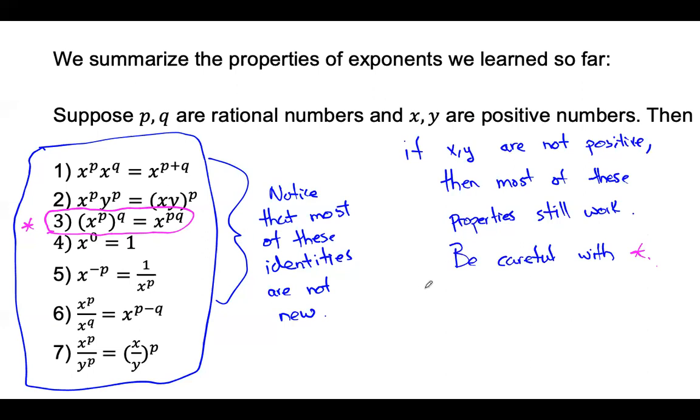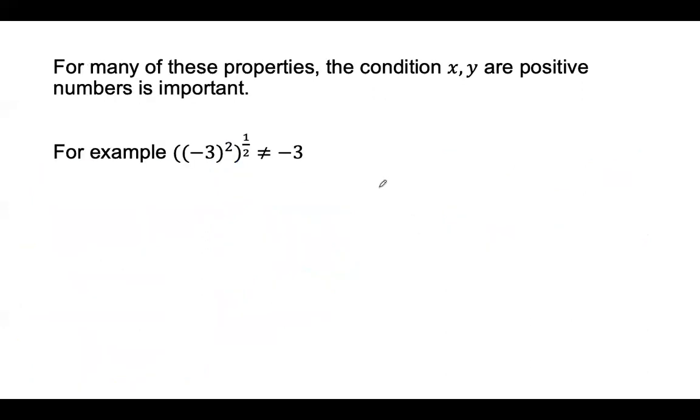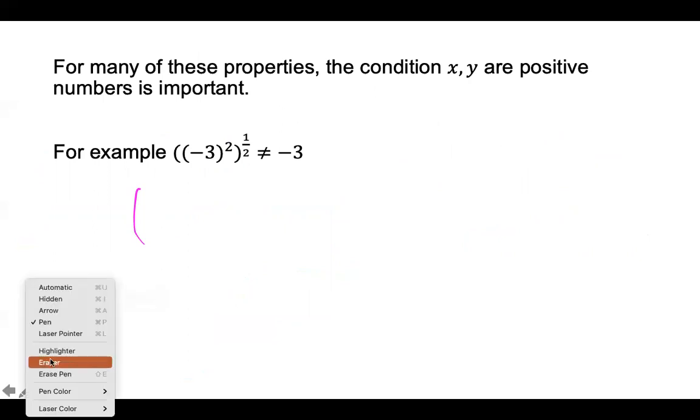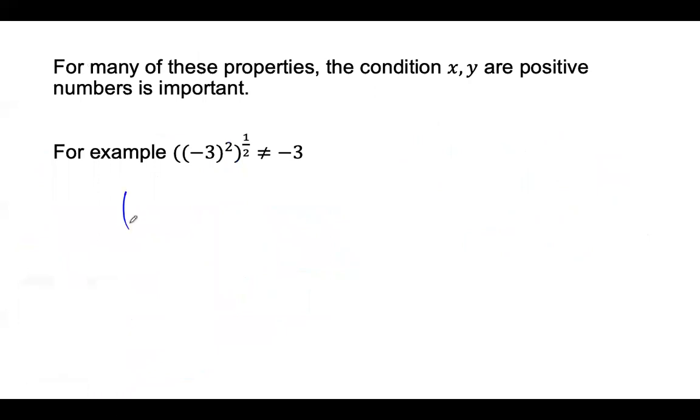An example of why 3 is not always our friend is something like this. Let's go back to blue. Let's say we have -3 exponent 2 to exponent 1/2. Well, is it -3 to exponent 2 times 1/2?